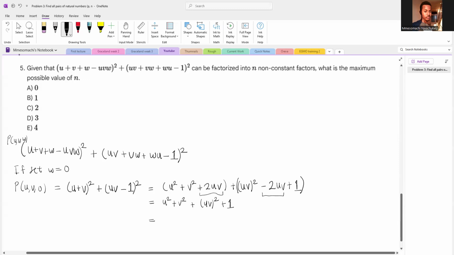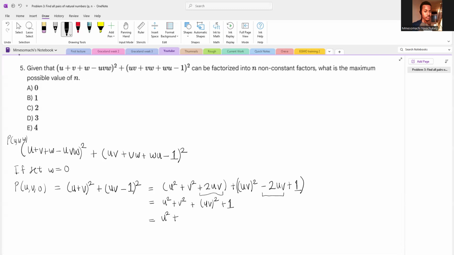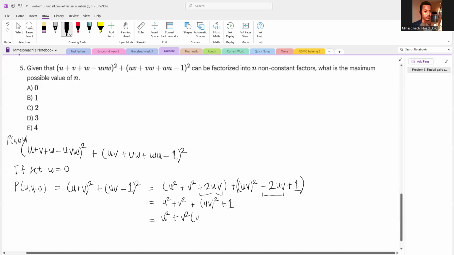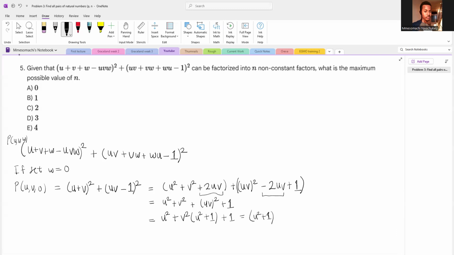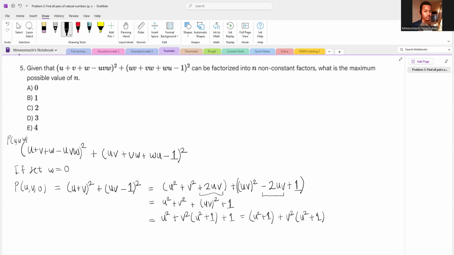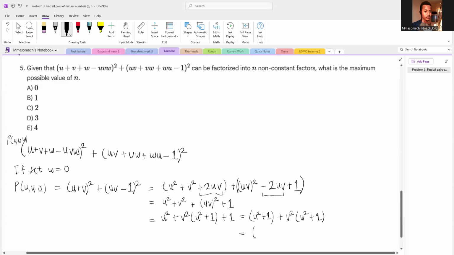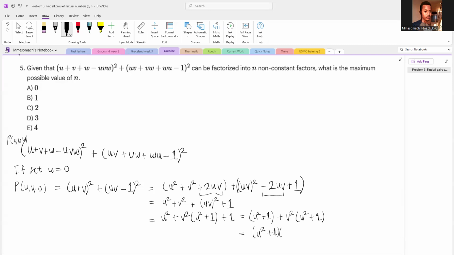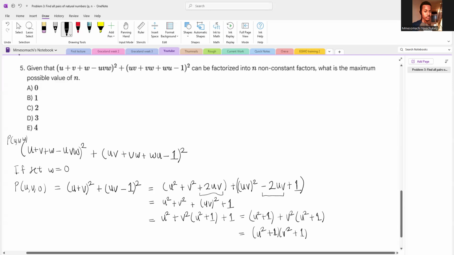We can factor v² out of the last two terms: (u² + 1) + v²(u² + 1). And this is equal to (u² + 1)(v² + 1).